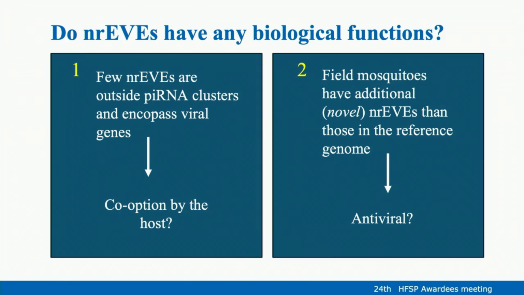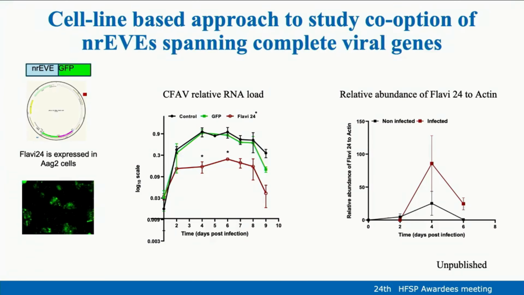So regarding the first question, we are using a cell-based approach to try to answer this question. We identified some viral integrations outside piRNA clusters that are transcribed by transcriptomic analysis.